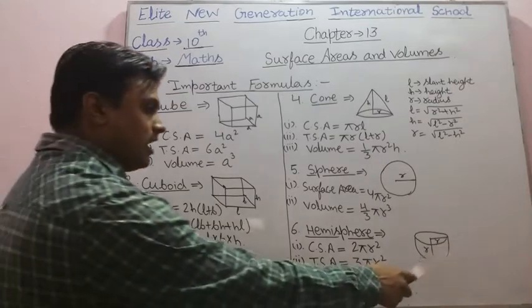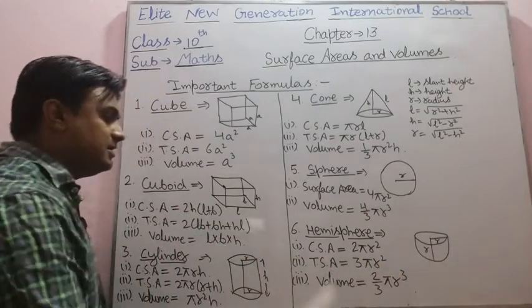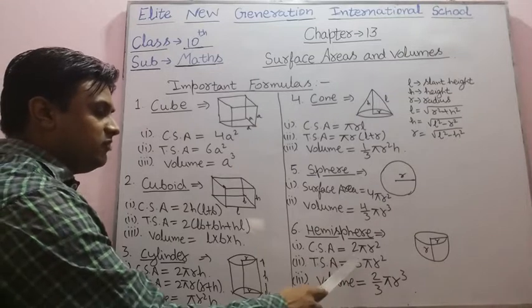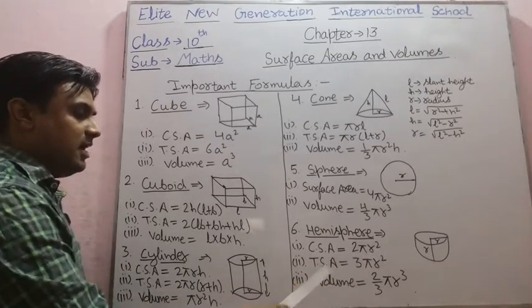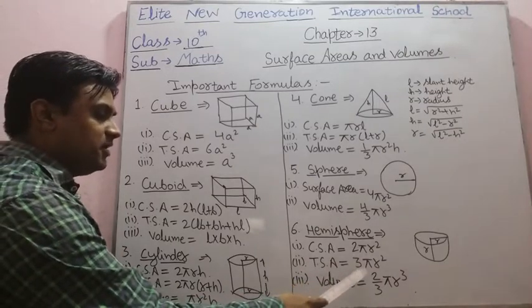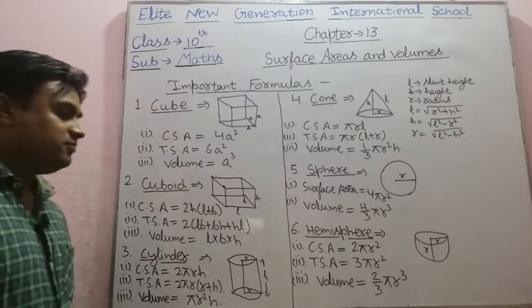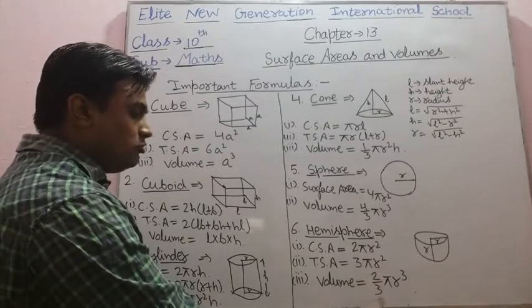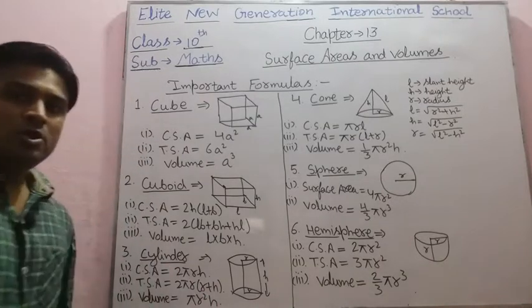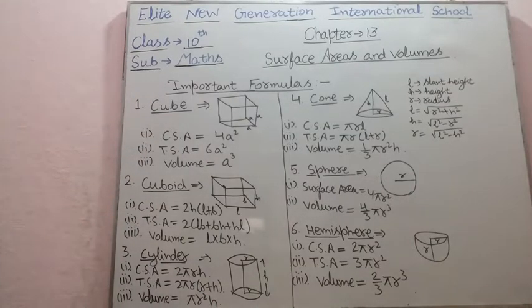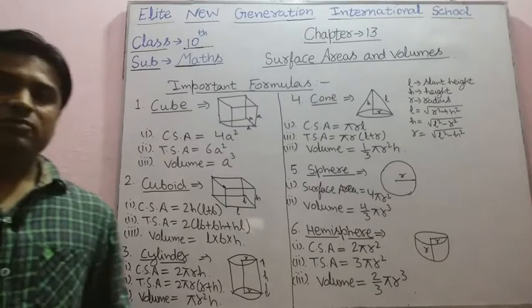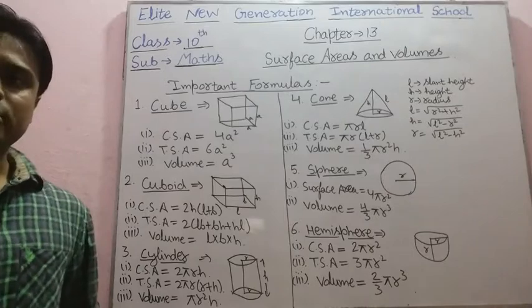If R is the radius of the hemisphere, then its curved surface area is given by 2 pi R square, the total surface area of a hemisphere is given by 3 pi R square, and the volume of a hemisphere is given by 2 upon 3 pi R cube. All these are very important formulas for this chapter. On the basis of these formulas, we can start our exercise 13.1.